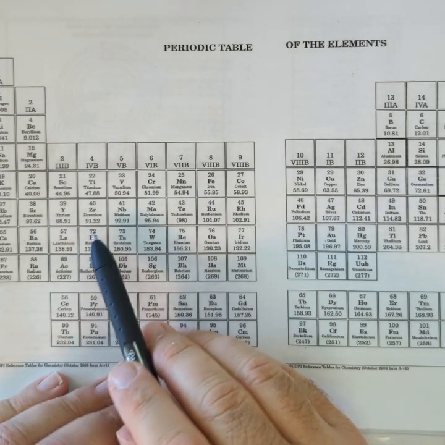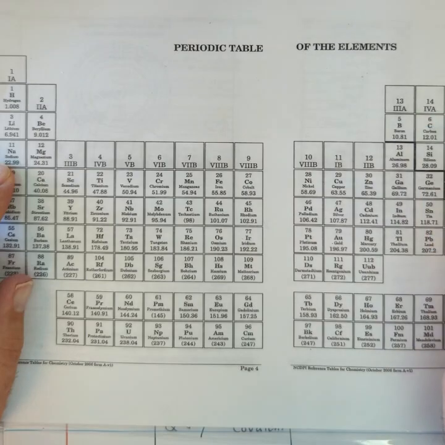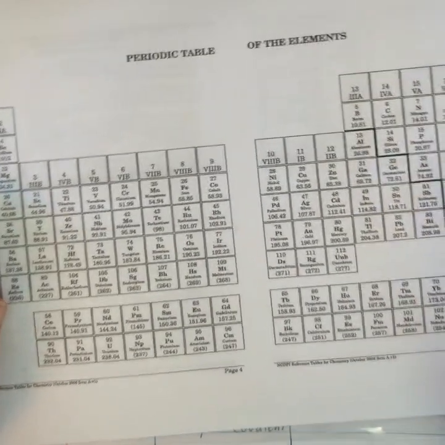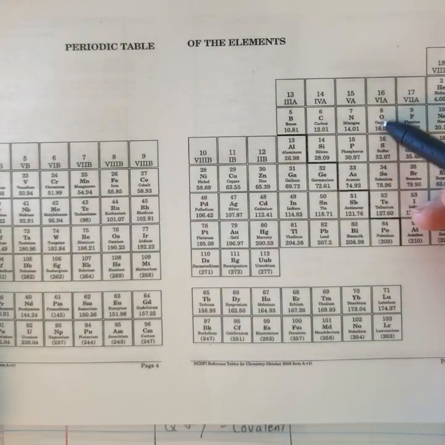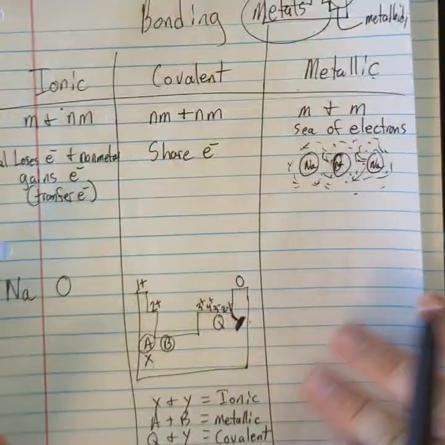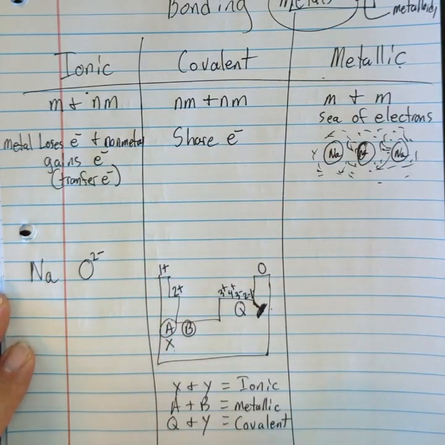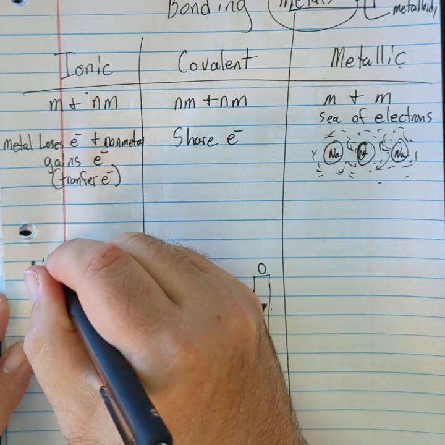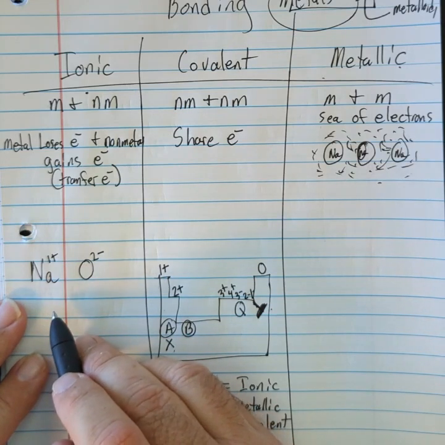So if we're looking at sodium, it's over here in group 1. And oxygen is over here in group 16. There's oxygen. So oxygen is in the 2 minus, so oxygen wants to gain 2 electrons. Sodium is a 1 plus. It wants to lose 1 electron to become stable.